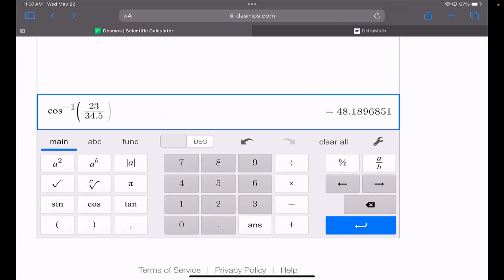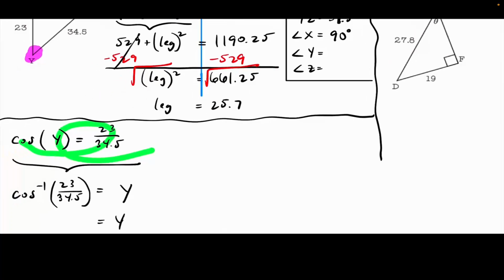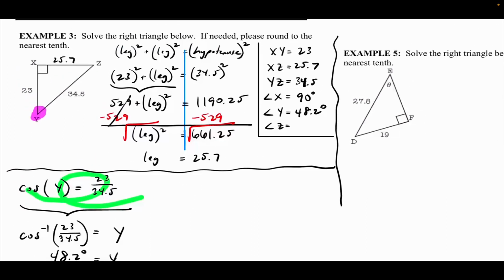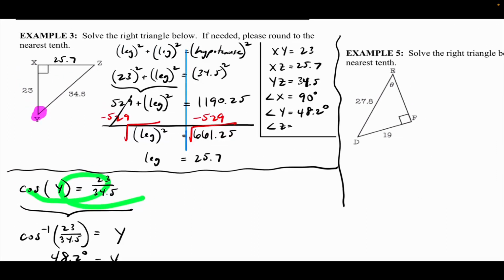Round to the nearest tenth. 48.2. Since it's an angle, it gets a degrees. 48.2. That's y.